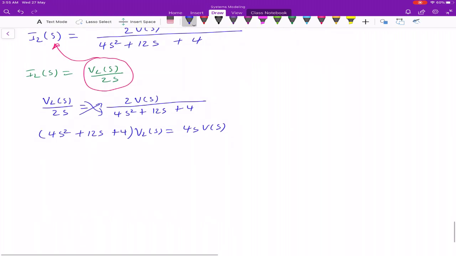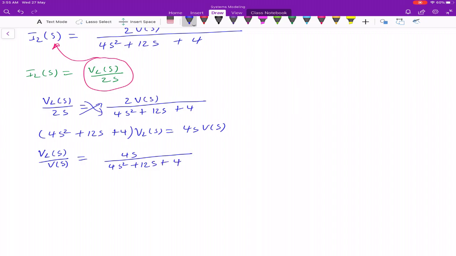Okay, from here we can say that VL of S over VS is equal to 4S over 4S squared plus 12S plus 4. And I will leave it in this format. If you leave it in this form, it's still fine.